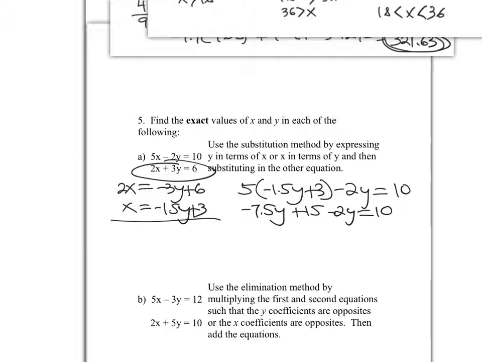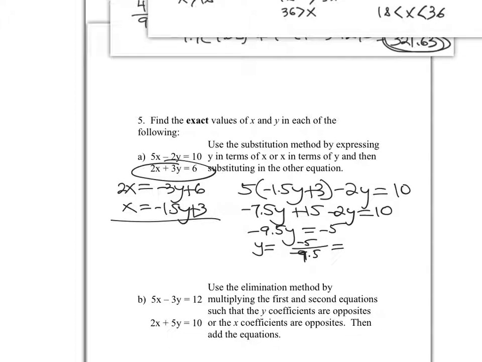So we will now combine the negative 7.5y and the negative 2y to get negative 9.5y is equal to, and we'll subtract 15 from both sides to get negative 5. And when we divide both sides by negative 9.5, we'll get that y is equal to negative 5 over negative 9.5.